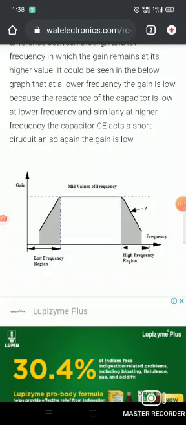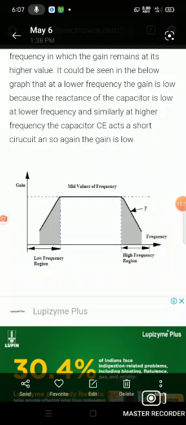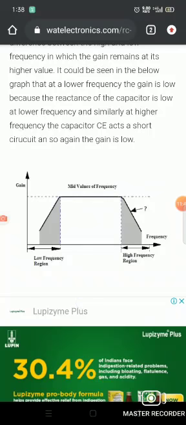So with that RC component network at the amplifier output section, we get a response like this. But we have different coupling methods or networks in amplifier circuits. They are the RC coupled method, the transformer coupled method, and one more is inductor coupled, next is capacitor coupled, and one more is direct coupled.